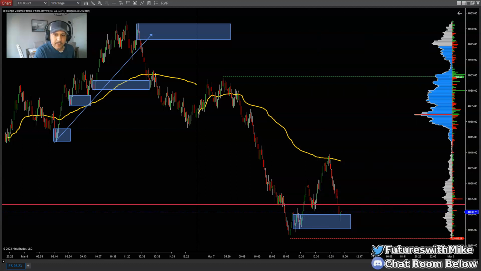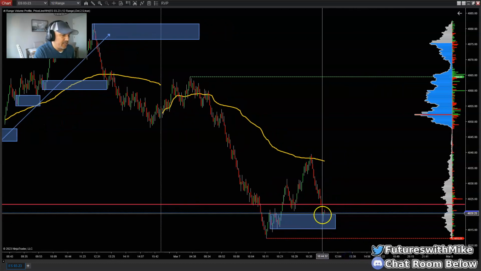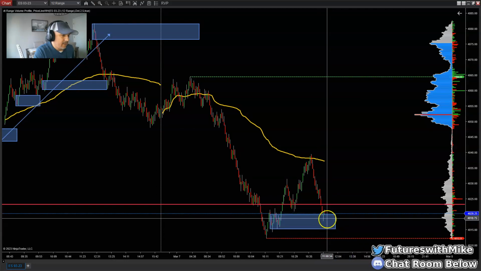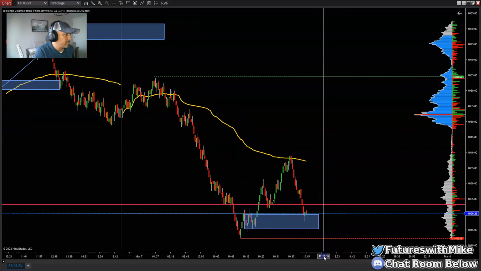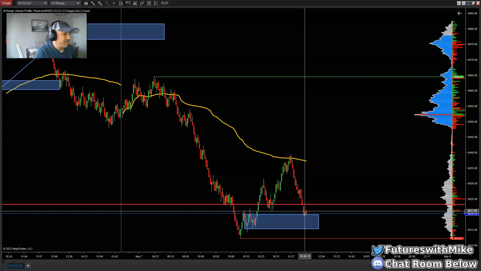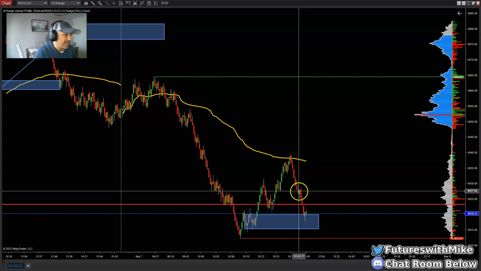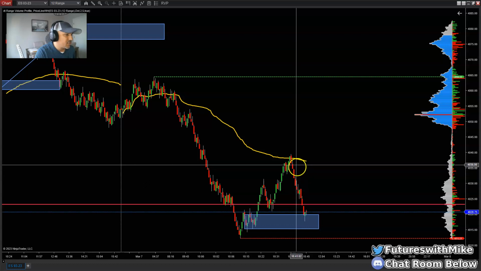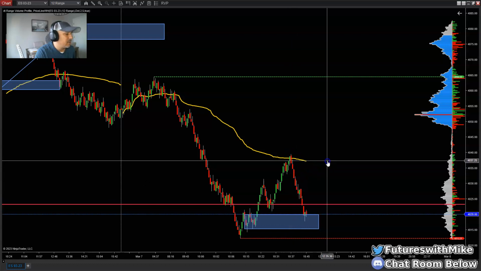So let's see. This is a little bullish candle here to the upside, so this may give me some information. If price breaks above here, then I'll probably be taking a long entry, taking out the first contract, and trying to ride it with a runner back up to the tops up here. We'll see.